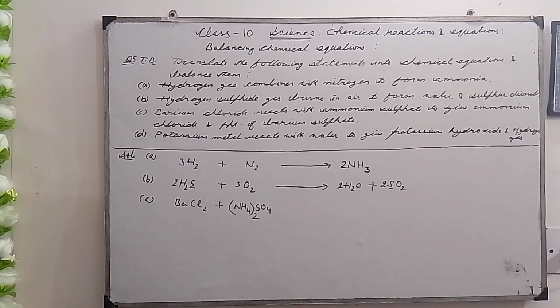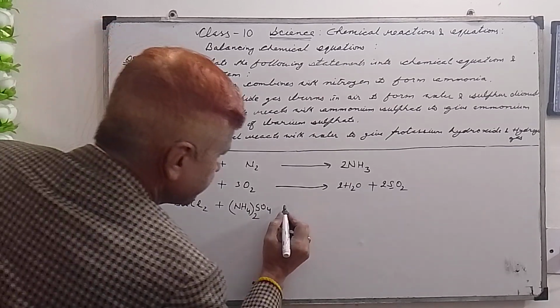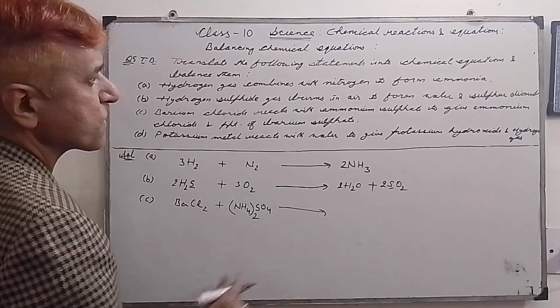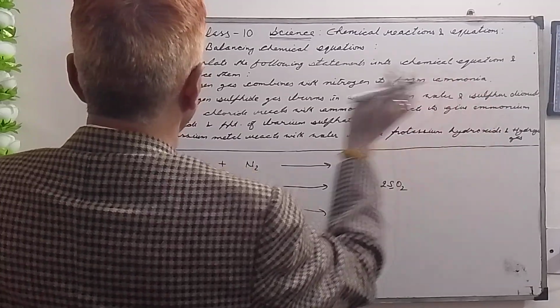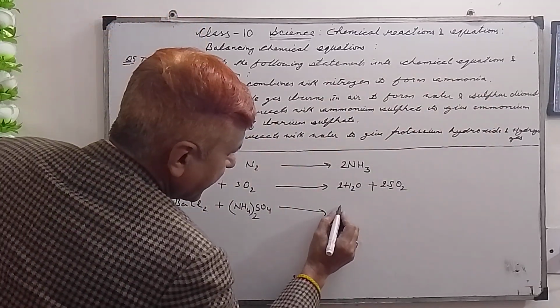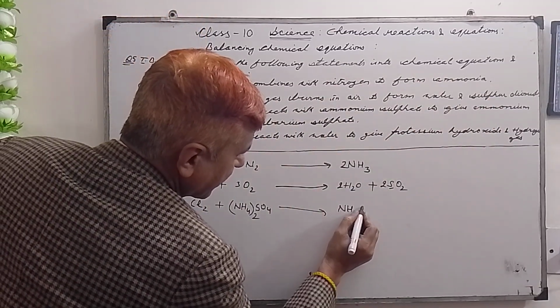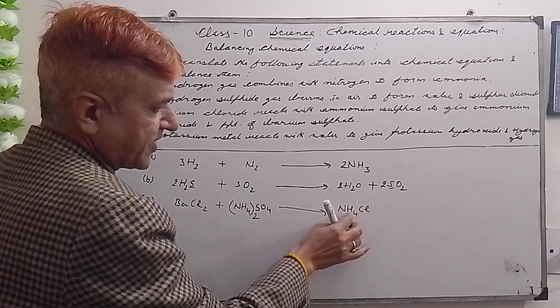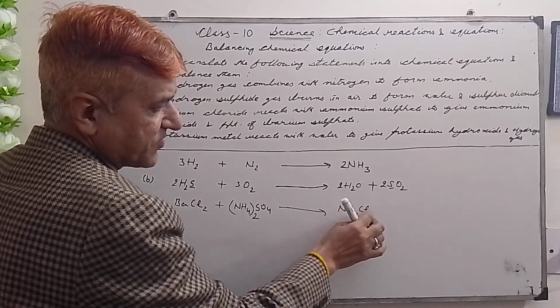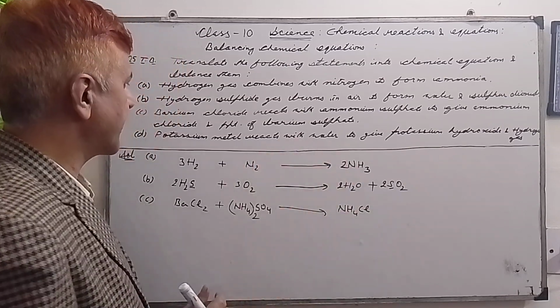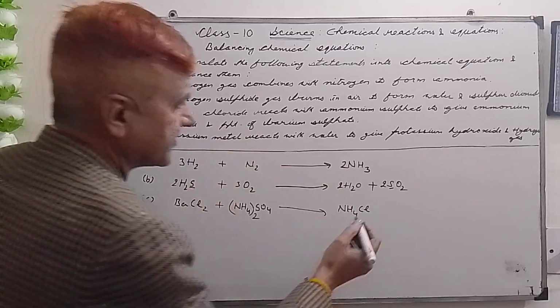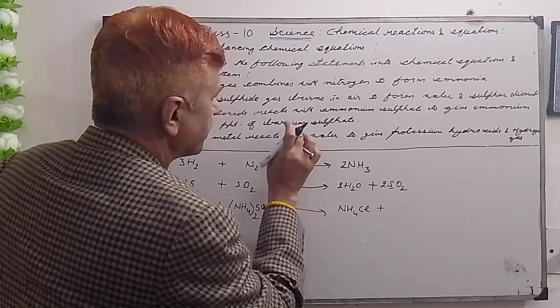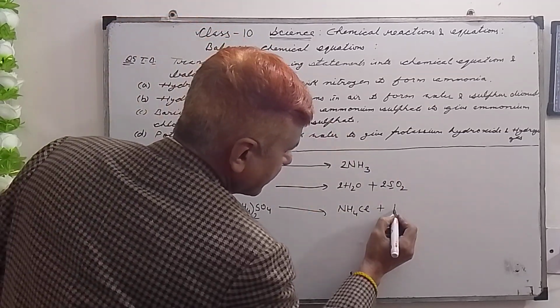So this is ammonium sulfate, and this gives ammonium chloride, NH4Cl. Again, the valency of chlorine is 1, the valency of ammonium is 1, so this is alright, ammonium chloride. Plus precipitates of barium sulfate.